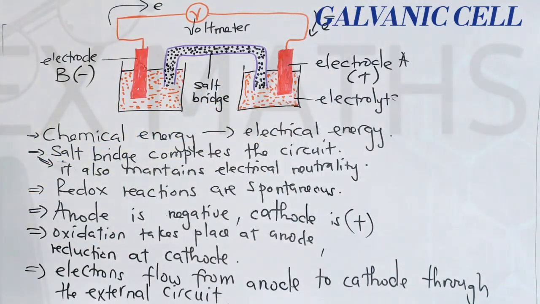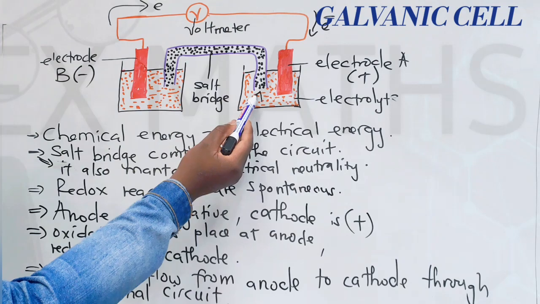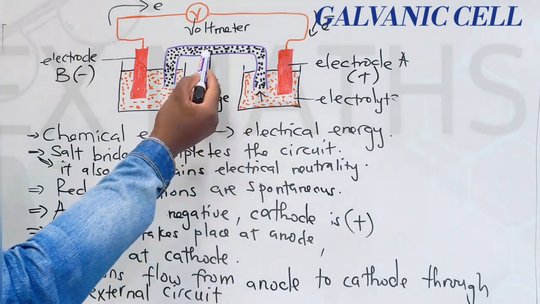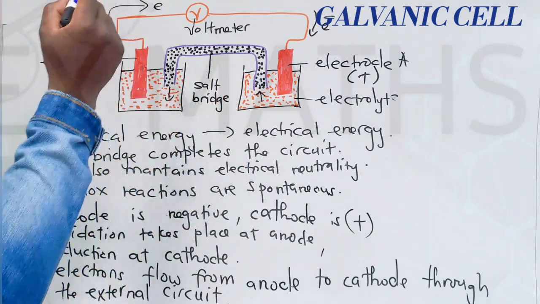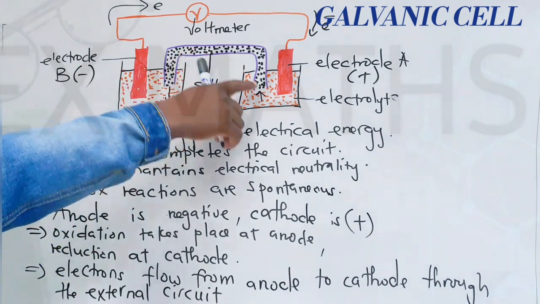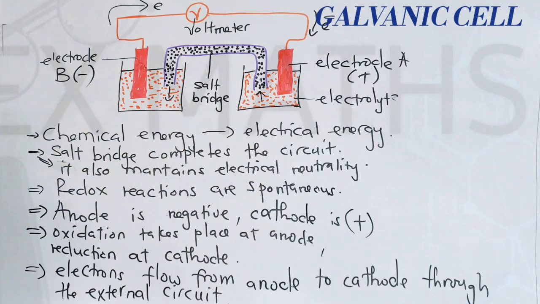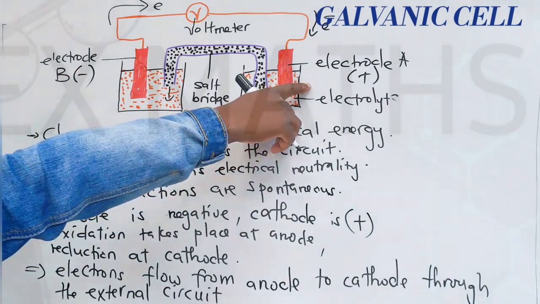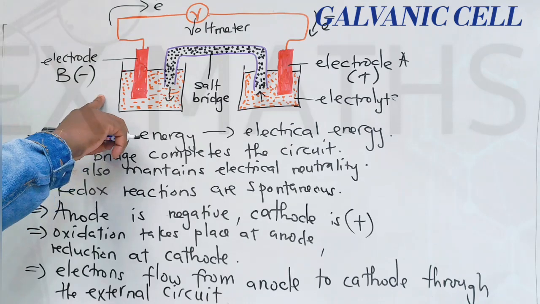That's electron flow. Then in the internal circuit, it is flowing from here, going this way, then that side. So if the question asks you the flow in the internal circuit, it is via the salt bridge, from positive electrode to the negative electrode.